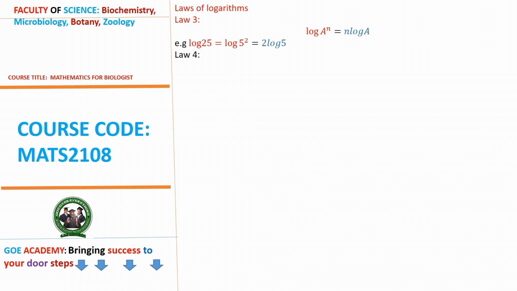That's all. Law 4: if you have the log of a base a, it equals 1. Observe that we have the log of something to the base of that same thing, so it simply simplifies to 1. For example, if we have the log of 5 base 5, it simplifies to 1.